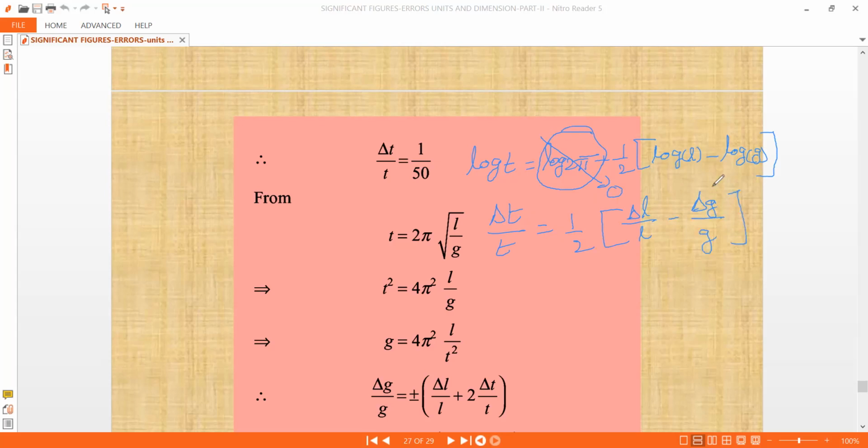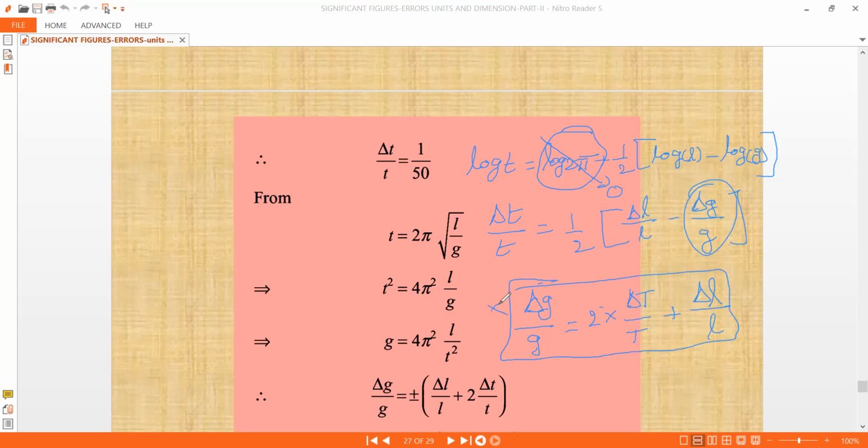So we had to find what is delta G by G. This is the idea. And now delta G by G happens to be 2 times delta T by T plus delta L by L. Why I'm writing plus? I'm not following the equations. Please understand that I should only add up the errors.